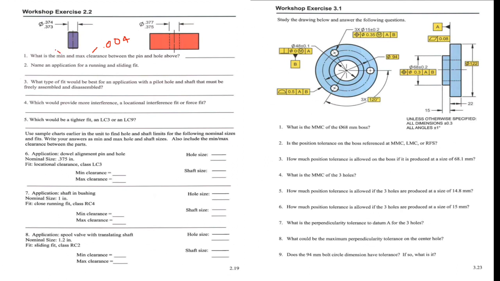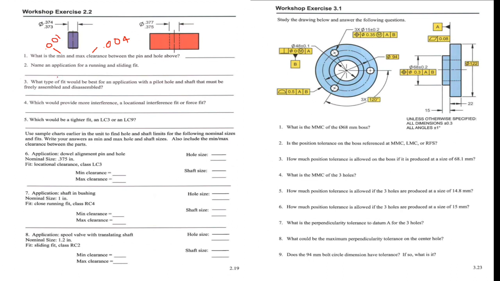And the minimum clearance would be the minimum size of the hole, 0.375, minus the maximum size of the pin, 0.374. It would be 0.001 thousandths of an inch.